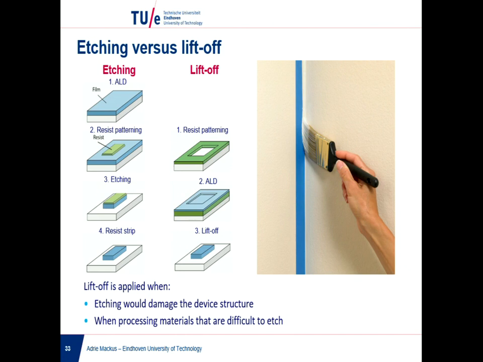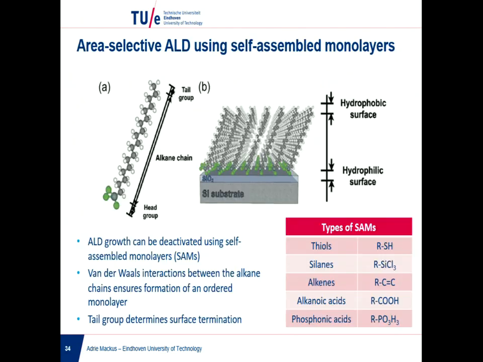Okay, so this is about conventional patterning very briefly, but let's now discuss area-selective deposition. I would like to start here with the most standard approach for area-selective deposition, and that is to make use of self-assembled monolayers. Self-assembled monolayers are monolayers consisting of molecules like this. This is a monomer where you have a head group that facilitates the binding to the surface.